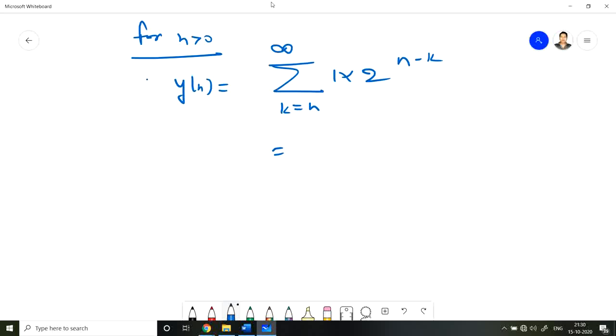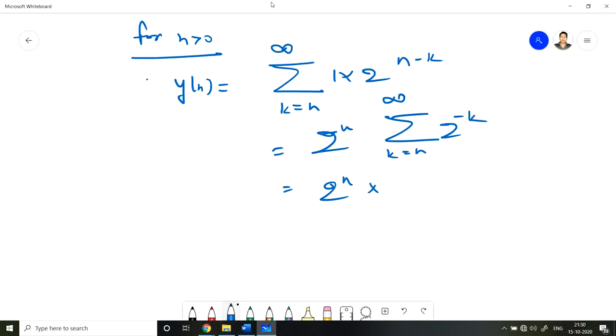So what we will get here, we can put 2 raised to the power n outside. So it is summation k equals n to infinity of 2 raised to the power minus k, and the solution of this is 2 raised to the power n multiplied by 2 raised to the power minus n divided by 1 minus 2 raised to the power minus 1. So the solution is 2 only.